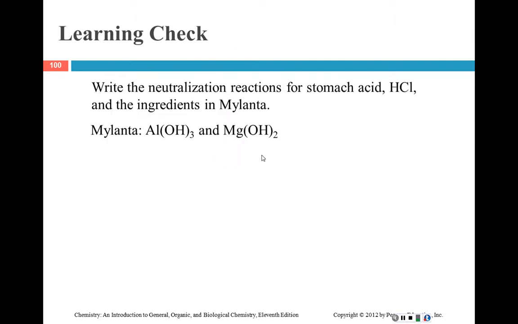So let's write the neutralization reaction for stomach acid, which is hydrochloric acid, with the ingredients from Mylanta. Just do them separately. So do HCl plus aluminum hydroxide, and what you're going to get there, and then HCl with magnesium hydroxide.